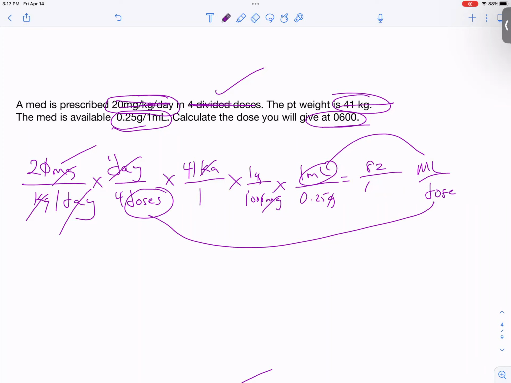And I encourage you to cross off if you have to, because your calculators don't do it for you. So it'll give you 0.82 milliliters.